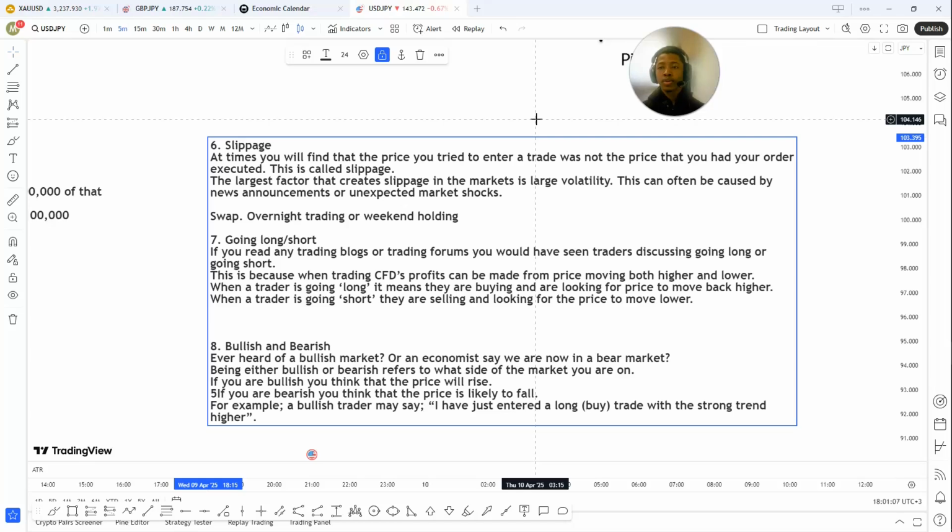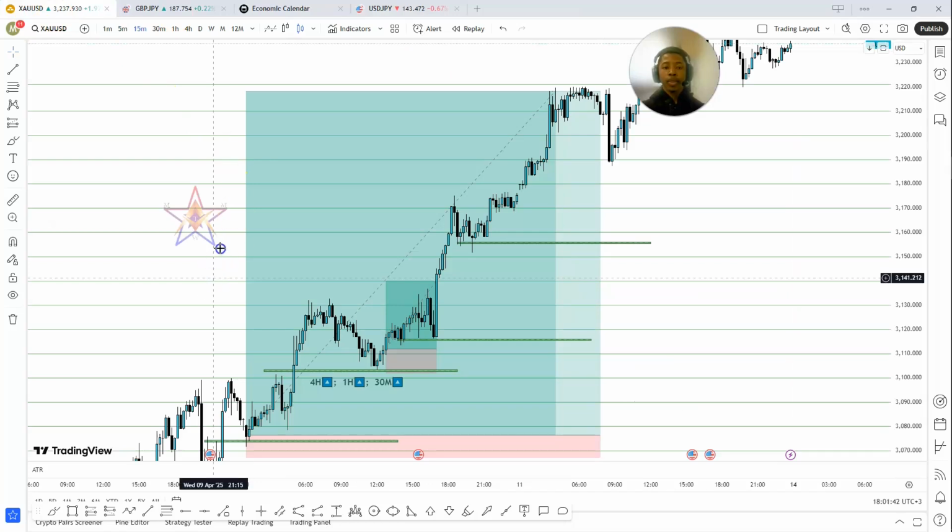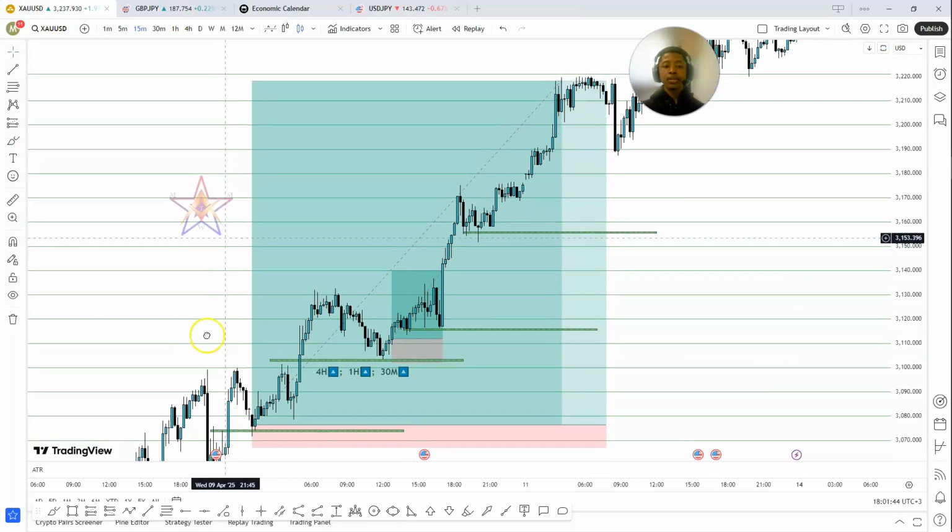So it is the deal between the interest rates of two different currencies, the swap you are going to be charged when you hold your trade overnight, when you hold them over the Tokyo session, New York session, right? So we also had a trade held overnight, Friday morning, the swap was taken, right? This is what happened.